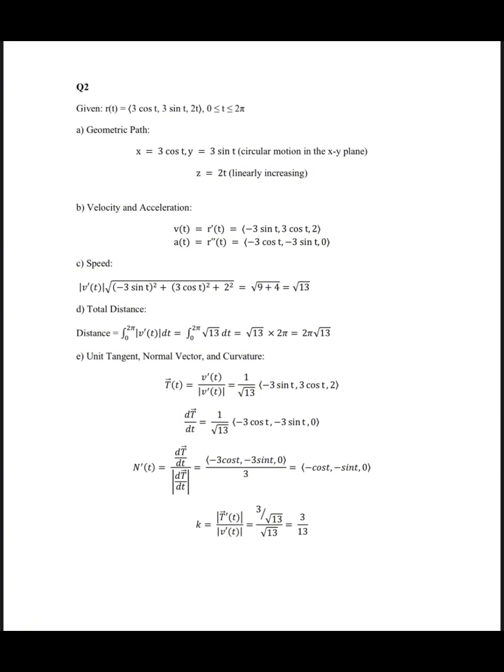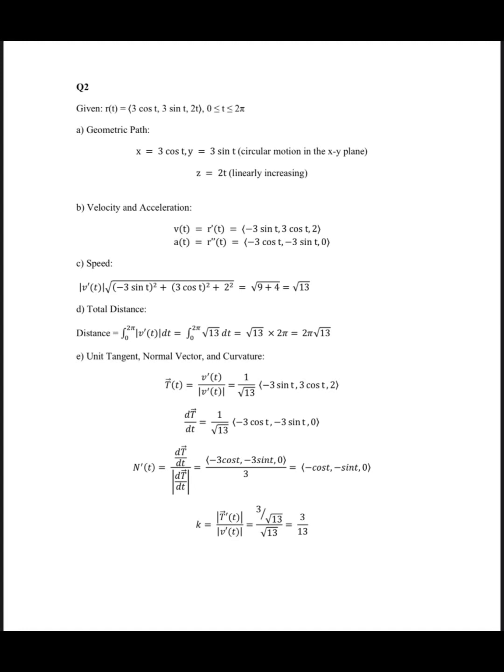For question B, velocity and acceleration. Finding velocity is equal to r prime of t, which is the derivative of r(t). The answer is the vector negative 3 sin t, 3 cos t and 2.